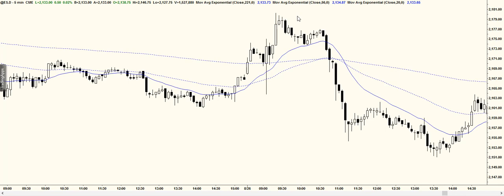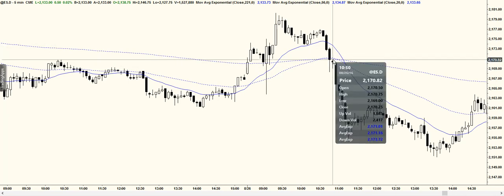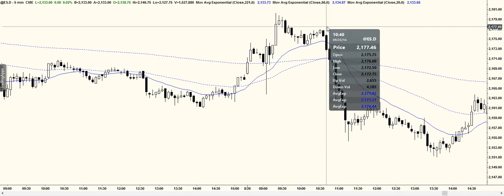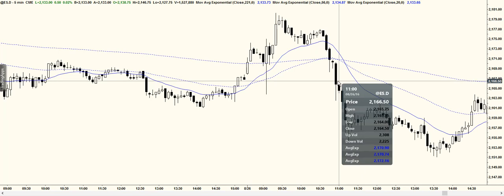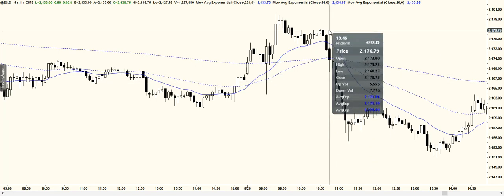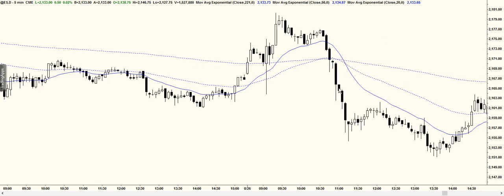And the reason is exactly this. If you're trading the ES right now and you sell this close, you've got to risk 7 points to this high. So when you're down here, your stop's still all the way up here, and that's over 10 points. And most traders just can't do that.